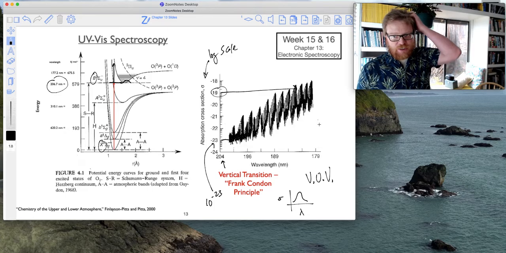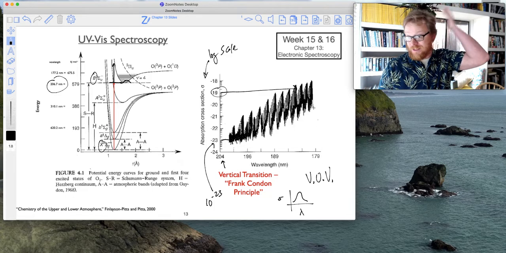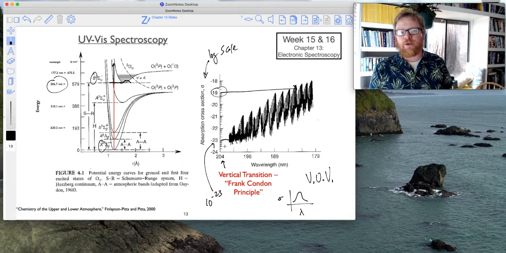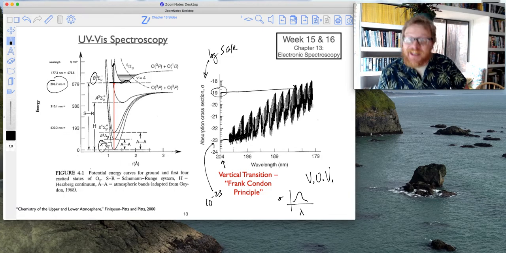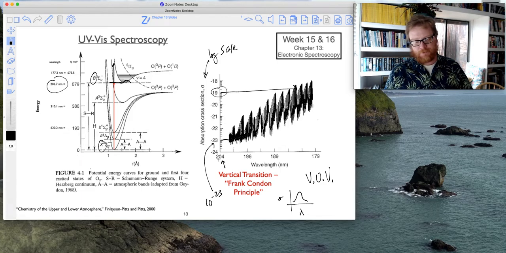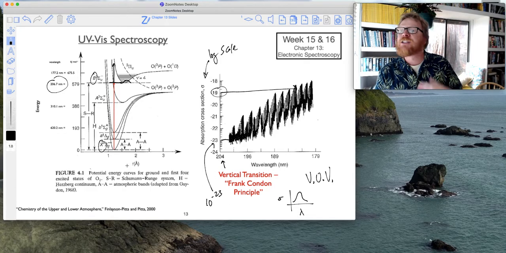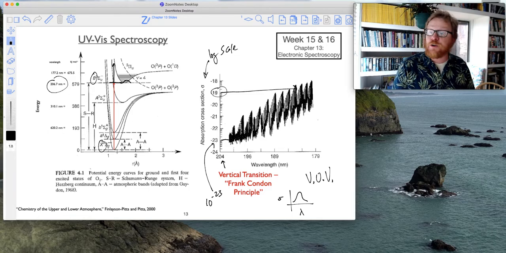That means our absorption at 204 nanometers would be 10 to the minus 6 absorbance units, all right? So we can really see in the absorption spectra this notion of the vertical transition and overlap with the underlying wave functions.